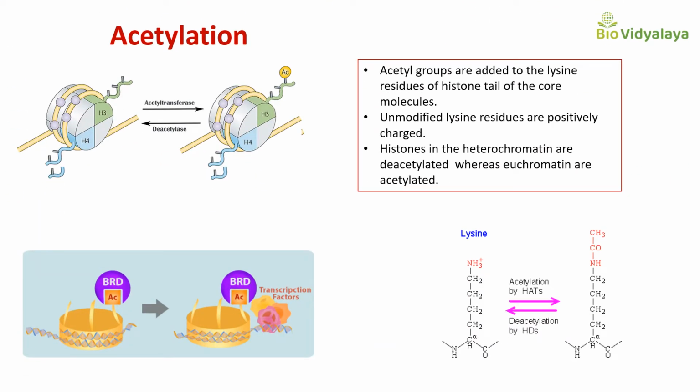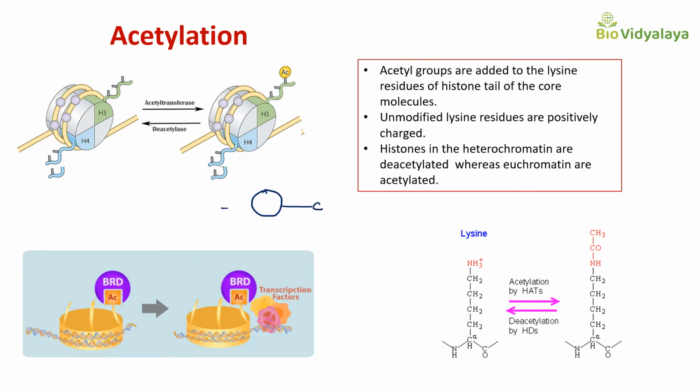Let's start with acetylation. What is meant by acetylation? Acetylation means the addition of acetyl groups to lysine residues in the N-terminal ends of the histone. We know that proteins have C-terminal and N-terminal ends.